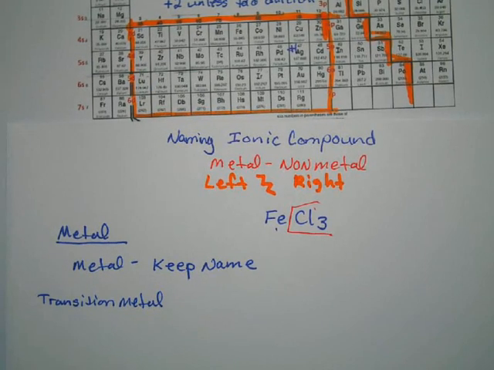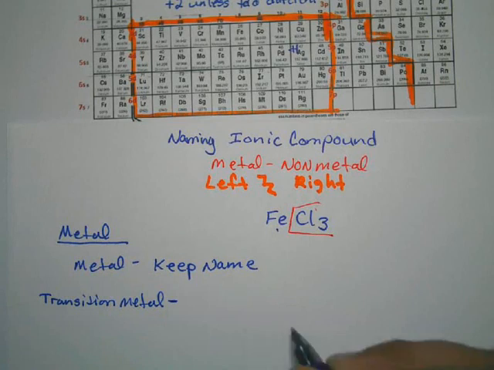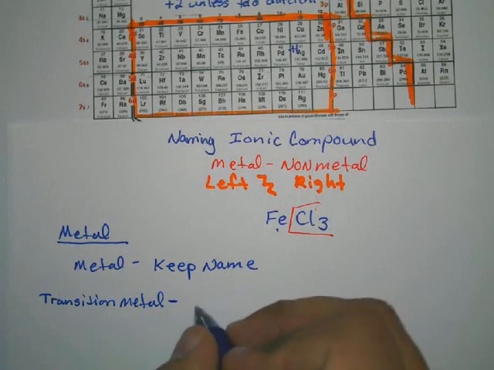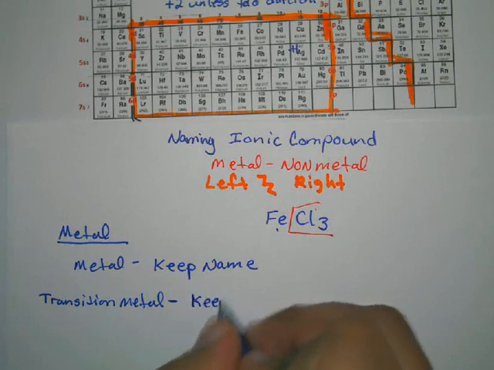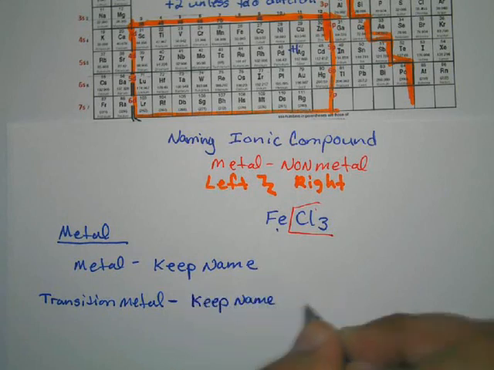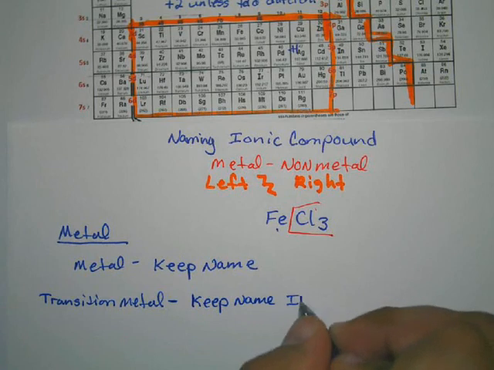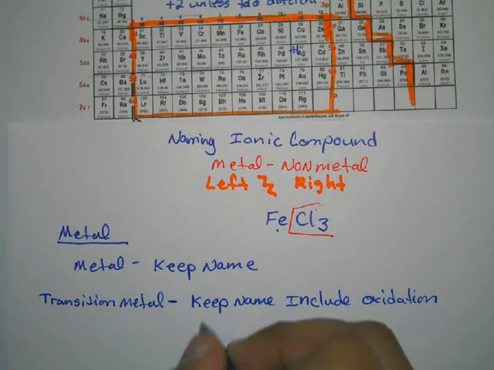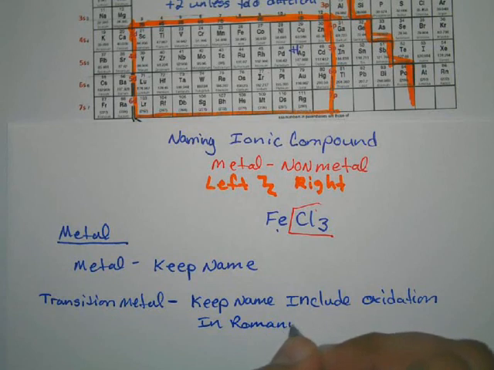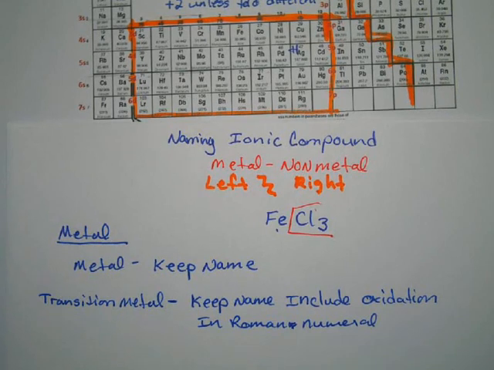Now there's a special rule if your metal is a transition metal. It also keeps its name, but you got to include the oxidation number in Roman numerals.